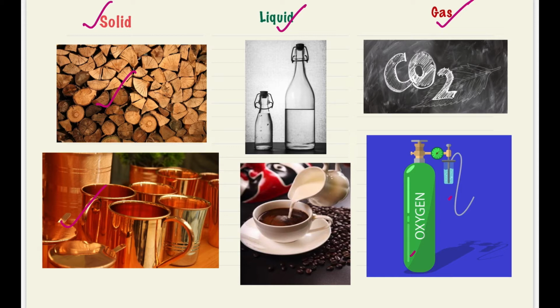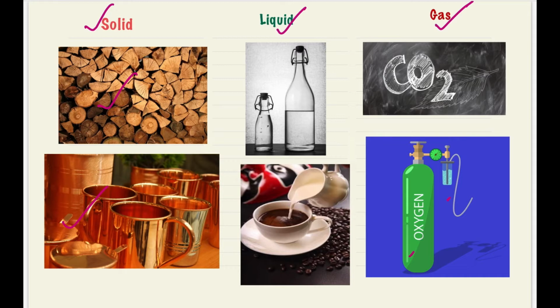So solids cannot be cut and cannot be bent properly, they are very hard. In liquid we have water, milk, coffee, tea, juices, all are liquid. Now in gas we have the exhaled air which is CO2, the inhaled air oxygen and many others like nitrogen, sulfur. So these are all gases.